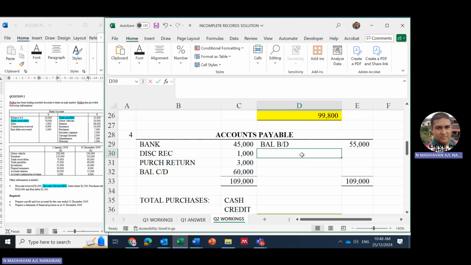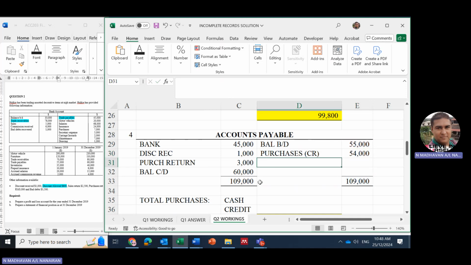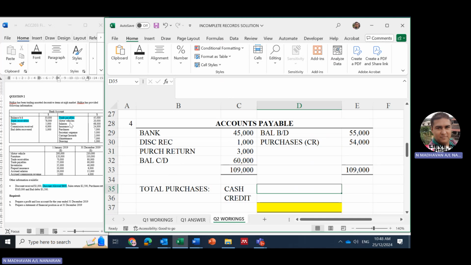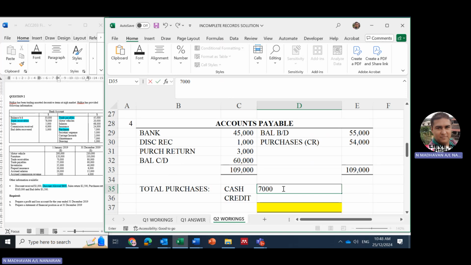So your purchases on credit is equal to 54,000. Do you have cash purchase? How much? 7,000. Credit purchase 54 equals to.